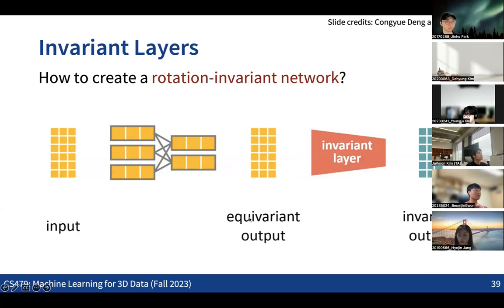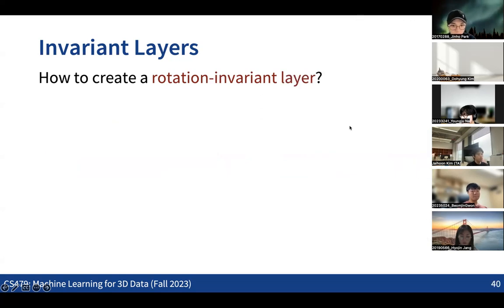When you have a rotation equivariant architecture and one single layer achieving rotation invariance, we can transform the entire network into a rotation invariant network. So the question is: how can we make a single layer of rotation invariance?